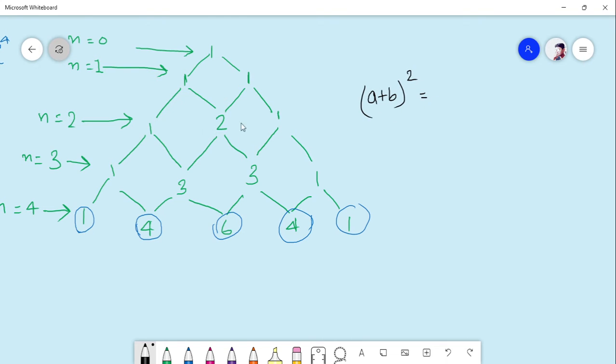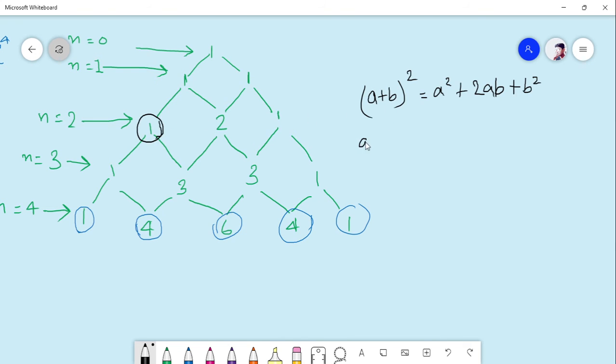So this will be a squared plus 2ab, where a will be decreased by 1 and b will be increased by 1, and b squared. Look, how many ways can you get this a squared? That is what the coefficient mentions.